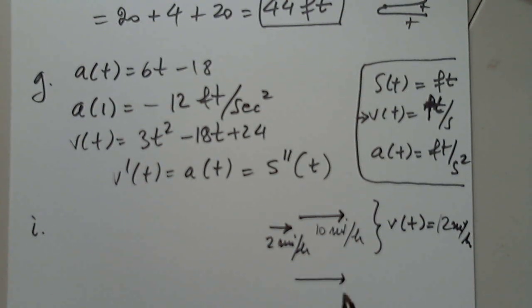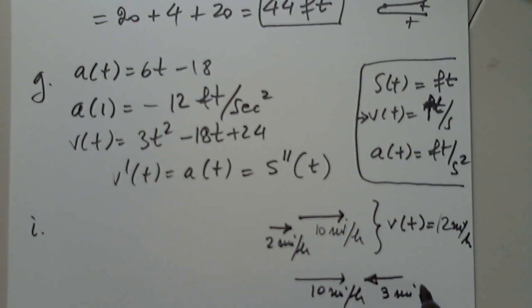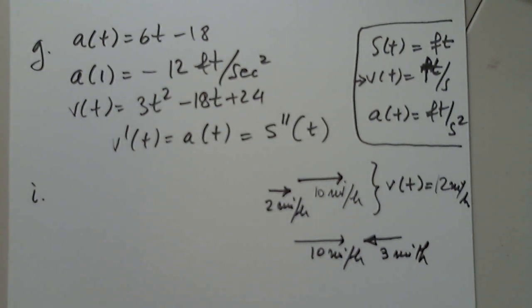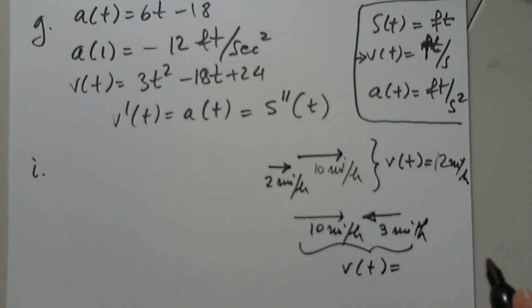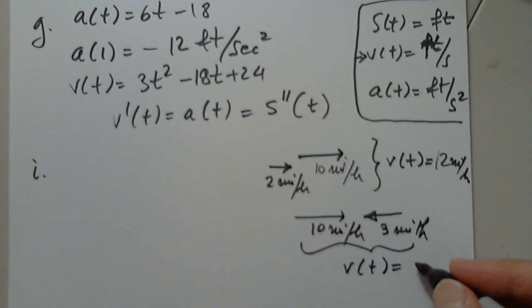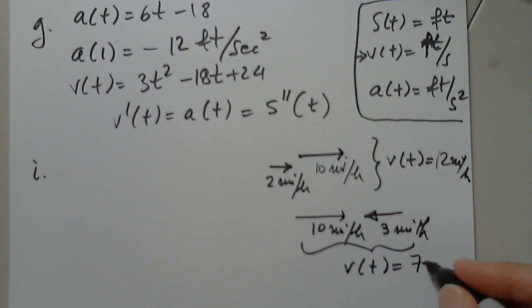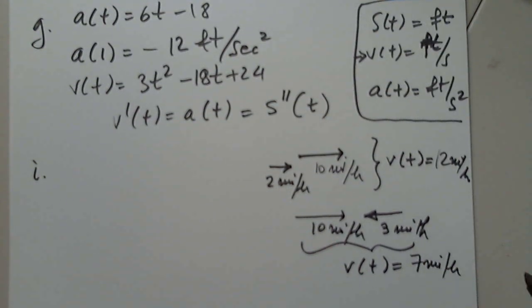Now I'm going in this direction again with 10 miles per hour, but this time I have a headwind of 3 miles per hour. What is my actual speed? Seven. Yes.